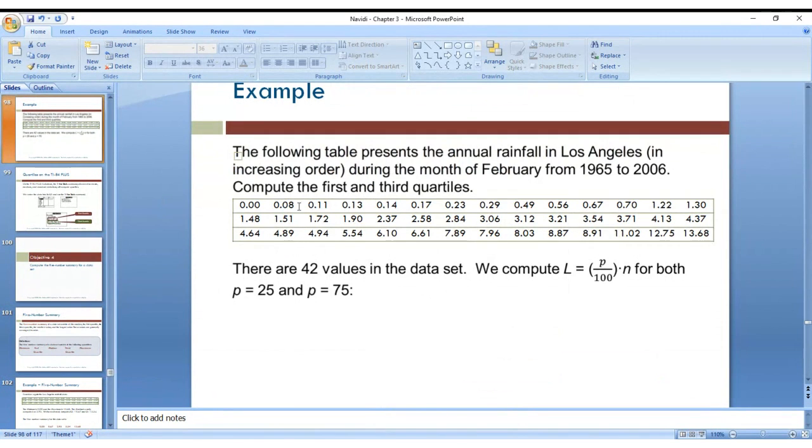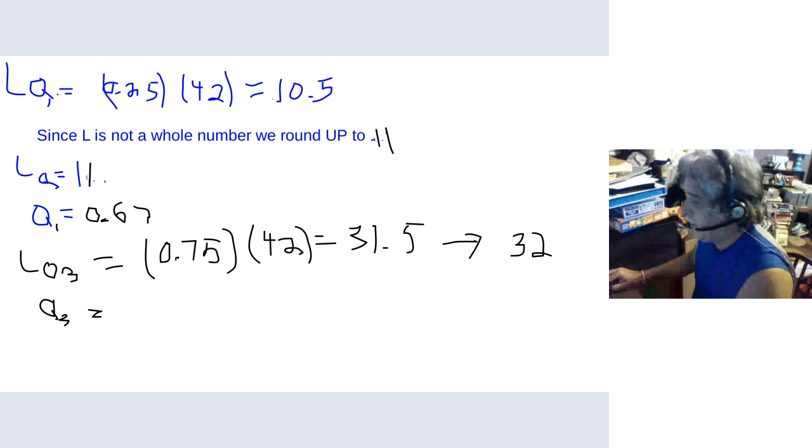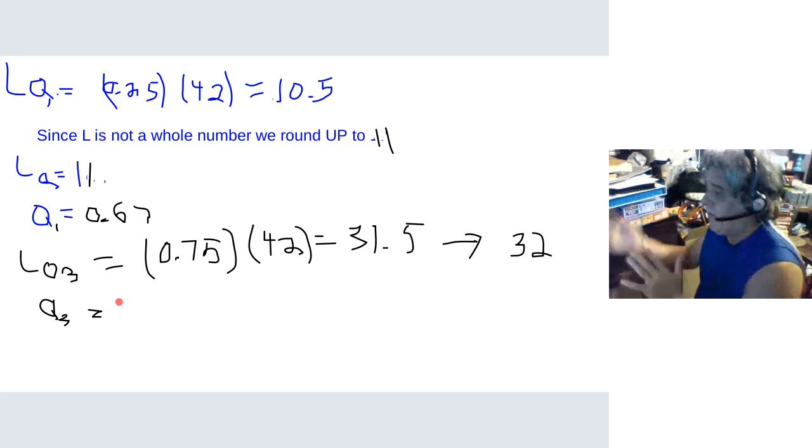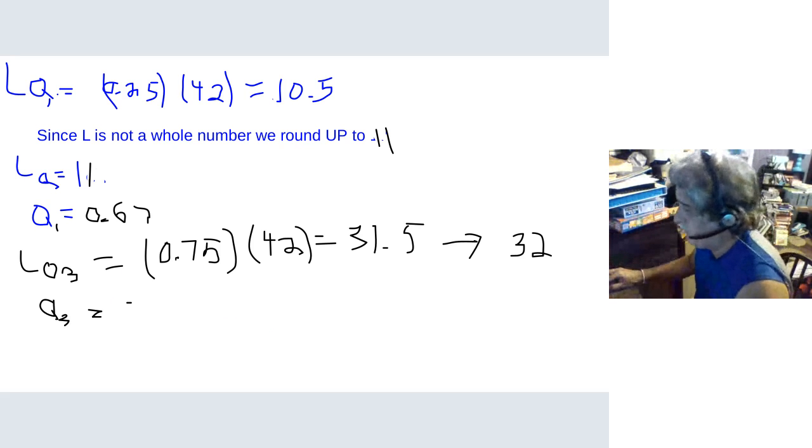So 12, 1, 2, 3, so it's 13, 30, 26, 27, 28, 29, 30. So Q3 is right there, 5.54. So what that means is that's the number in the data that separates the 0.75 on the bottom. What did I say it was? 5.54.